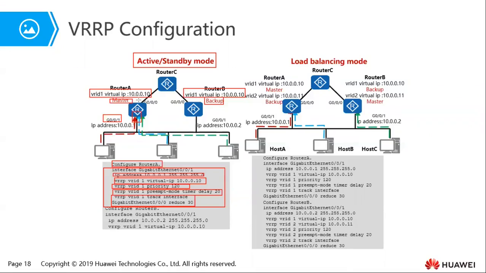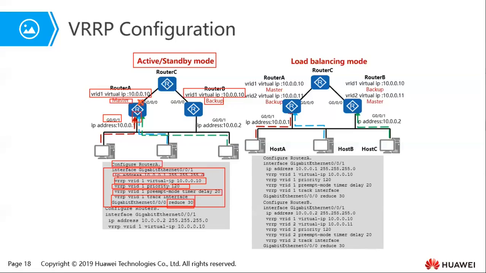We are tracking this particular interface so that in case the status changes from up to down, we want to reduce the priority of this particular router by 30. So the command is VRRP VRID 1 track interface GigabitEthernet 0/0/0, then reduce 30.